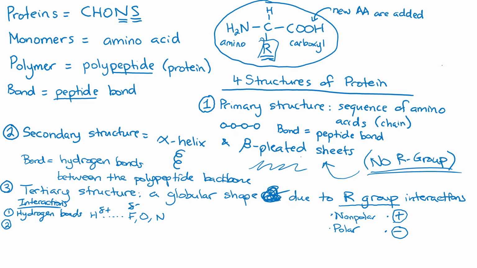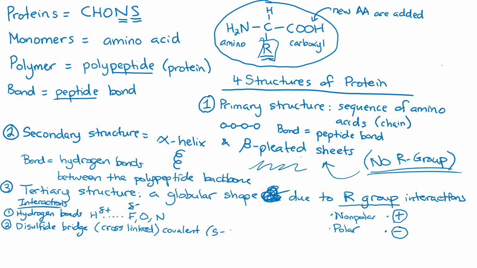Our second one would be the disulfide bridge. It's a cross-link between 2 sulfur atoms in the R group. And let's not forget that it is a covalent bond. So cross-linked and covalent, between 2 S's.